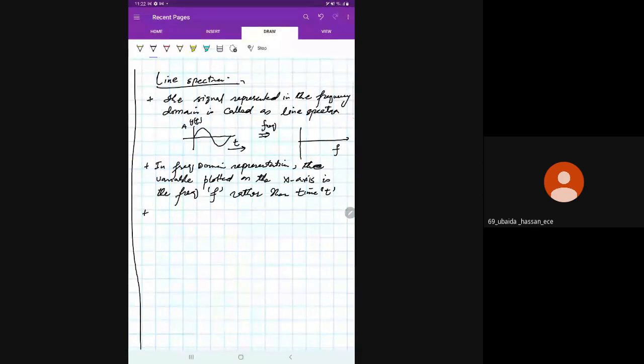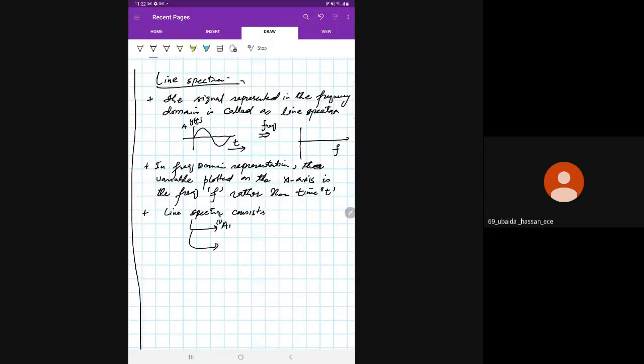Now see, the line spectra generally consists of two different graphs.